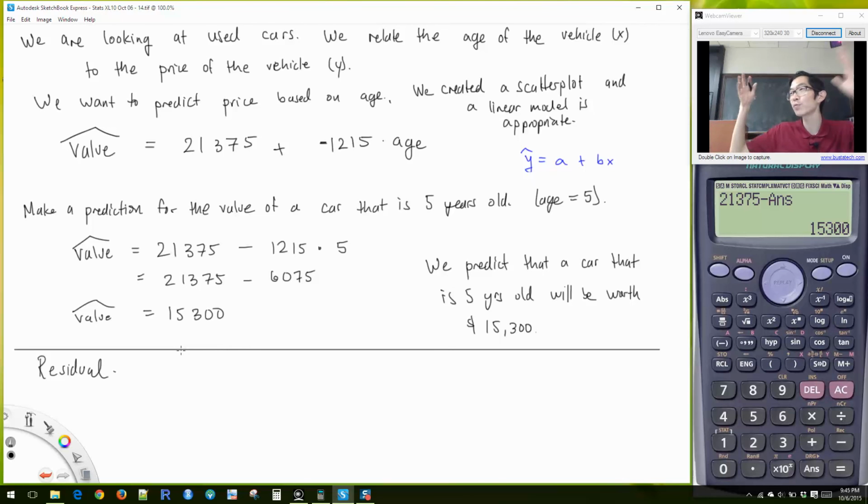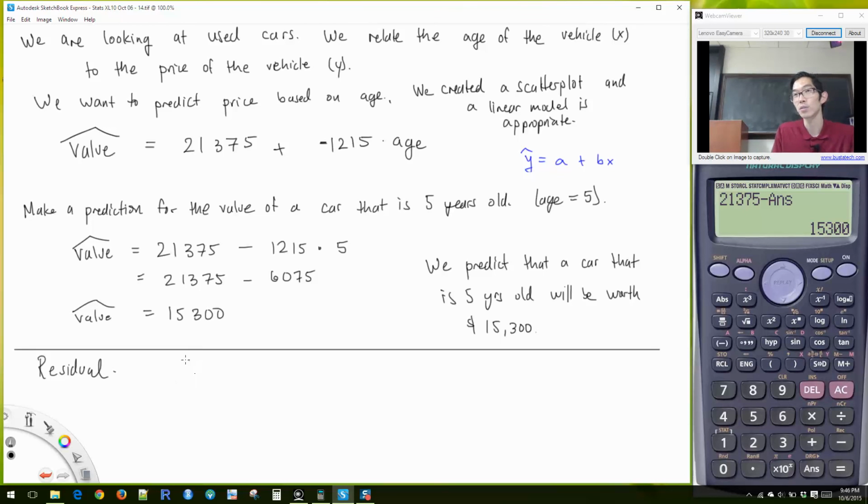You're just simplifying the world down into a very simple representation of how things work. We're saying cars are going to be determined by how old they are. But that's only partially true, because there's a lot of other things that go into determining how much a car is worth. So everything that we haven't accounted for, we just lump all together in what we call the residual.